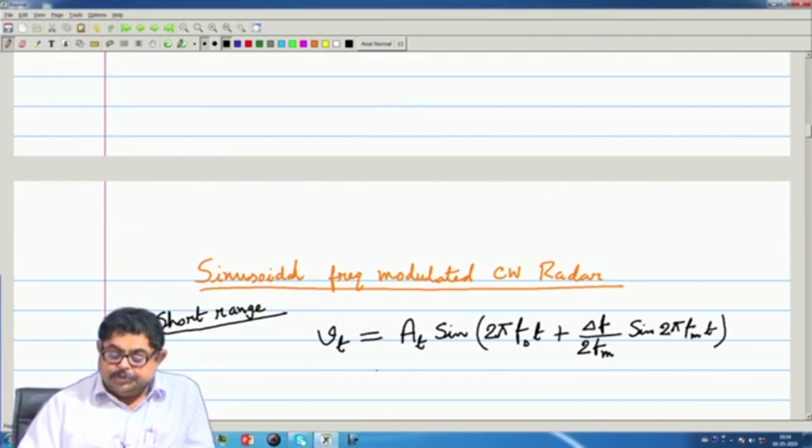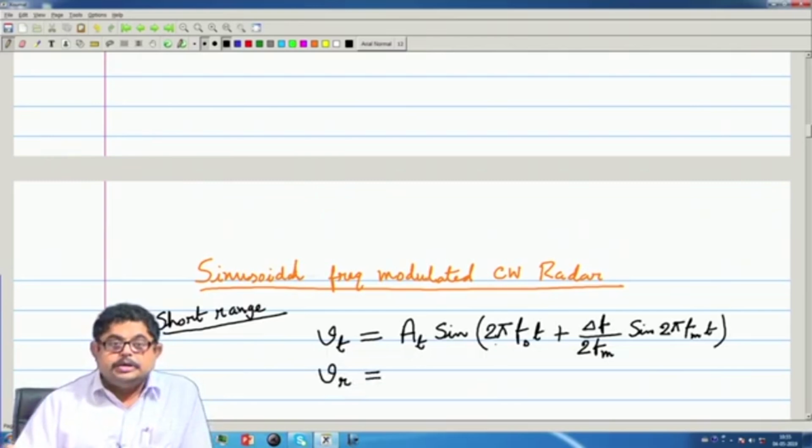So, let the transmitter be simply an FM transmitter that you are using. And what is the received signal? I know the received signal will be delayed by a time delta t.